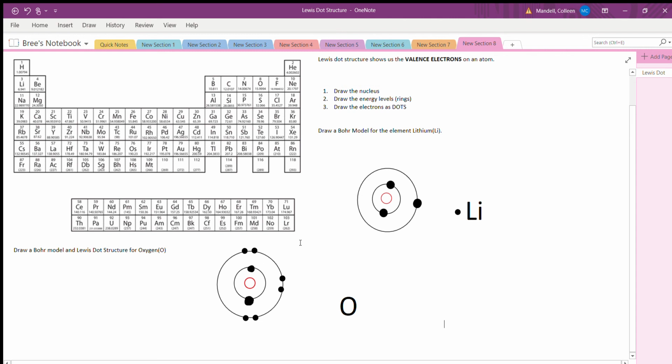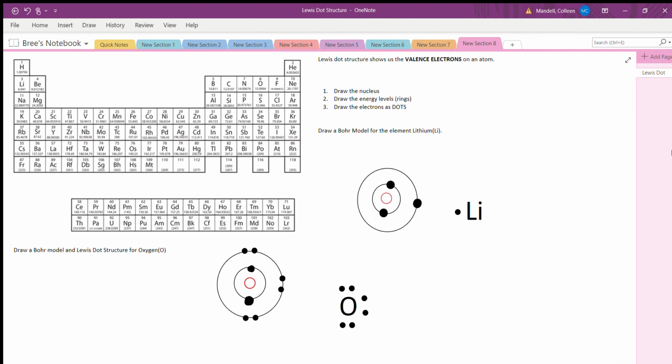I'm only putting however many dots were on the valence shell, this most outside shell, which I can see right here is 1, 2, 3, 4, 5, 6. So let's put those dots on the Lewis structure. 1, 2, 3, 4, 5, 6. And now you've got a Lewis structure for oxygen.